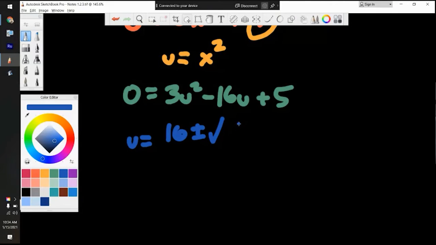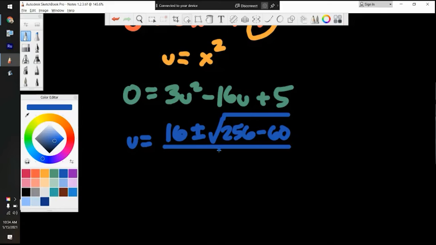So that's 16 squared. I think that's 256, minus 4ac, which is 60. And then we're dividing all this by 2a, which is 2 times 3, to be 6.